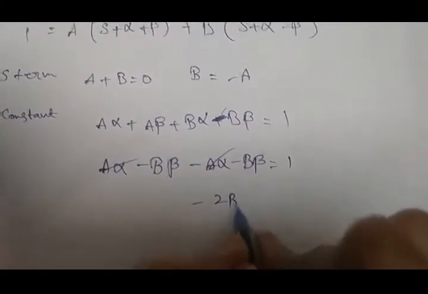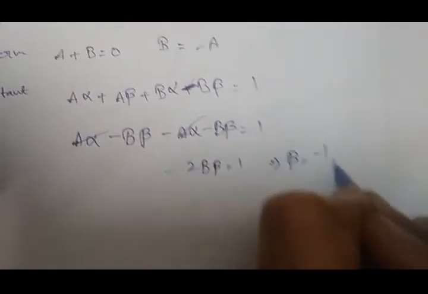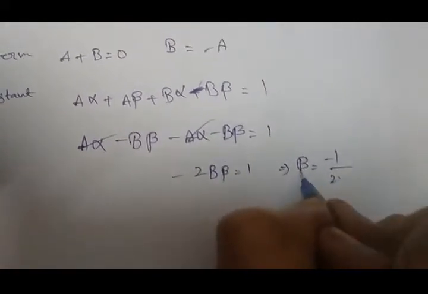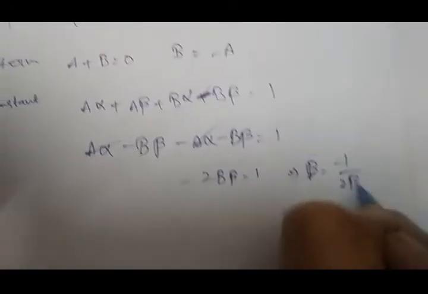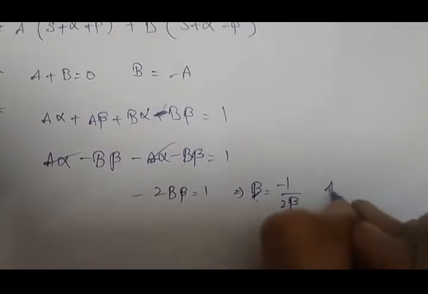So minus 2B beta equals 1, that means B equals minus 1 by 2 beta. So when B equals minus 1 by 2 beta, then A will be 1 by 2 beta.